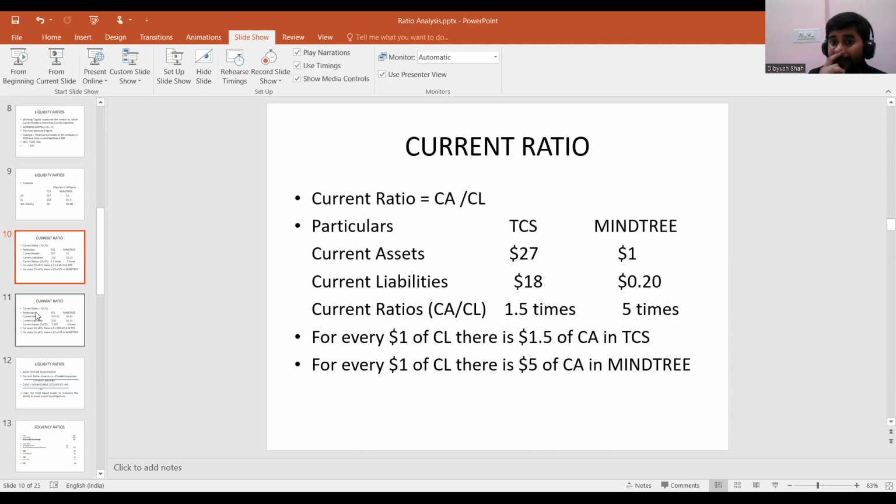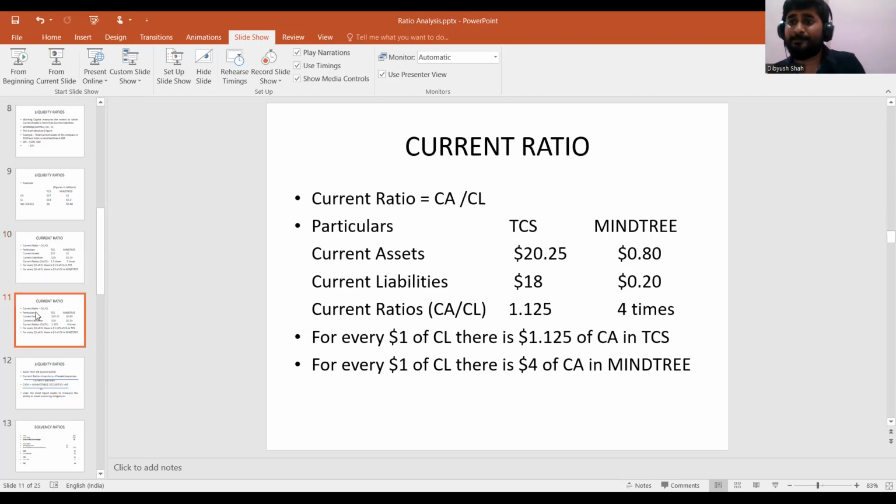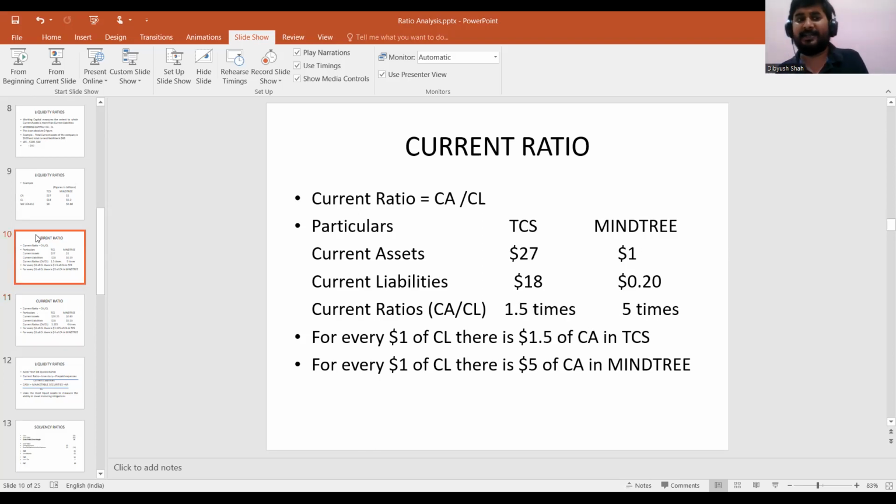Let's look at the next page. Suppose COVID came. Let's go back to 2020. Suppose these figures were from 2020. COVID came. TCS had $27 billion in current assets.